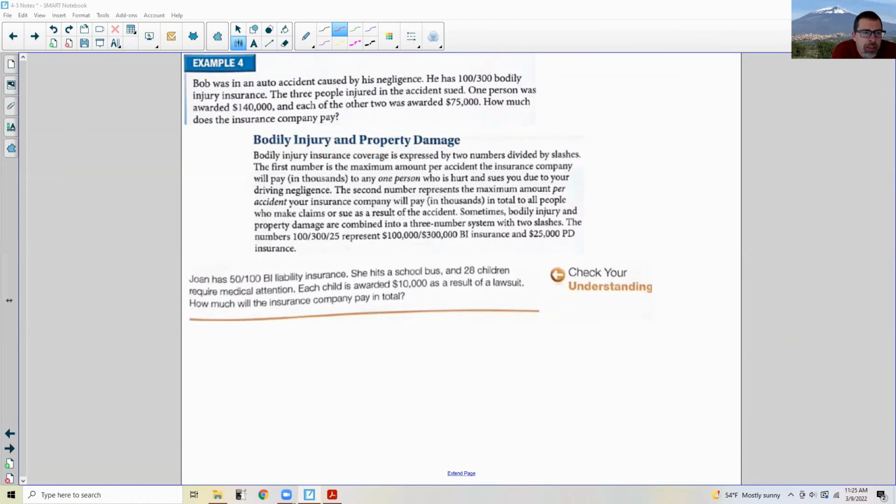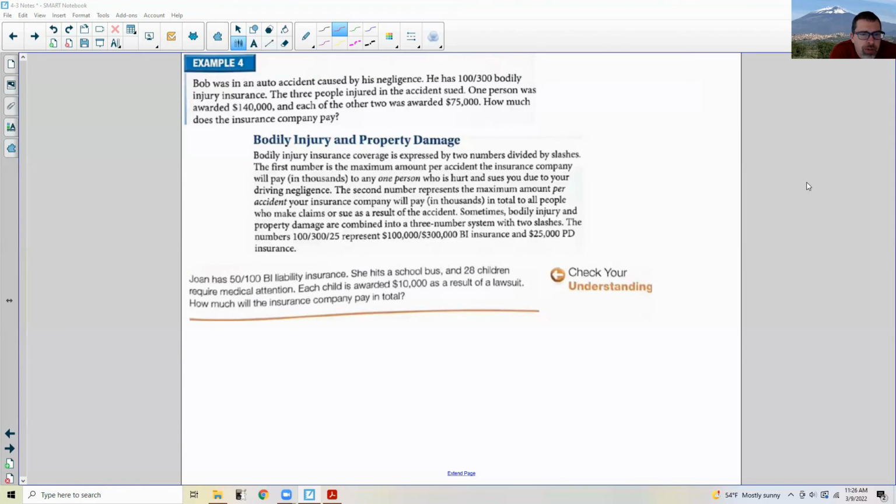It says bodily injury. This is from the text, by the way. This is from just before example 4 on page 227, if you have the same book I do. And it says bodily injury and property damage. Bodily injury insurance coverage is expressed as 2 numbers divided by slashes. The first number is the maximum amount per accident the insurance company will pay in thousands to any one person who is hurt and sues you due to your driving negligence.